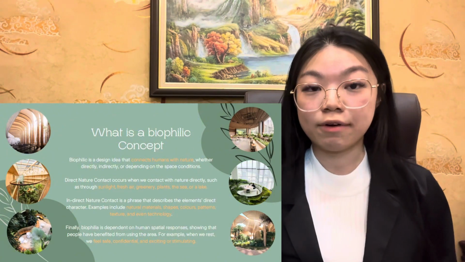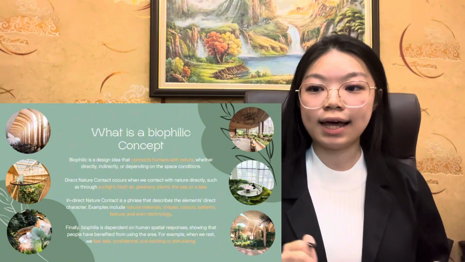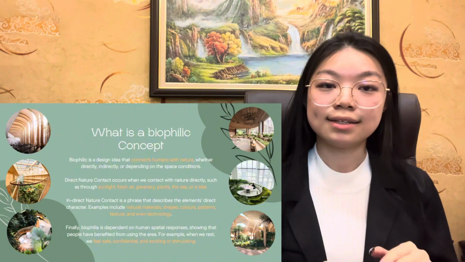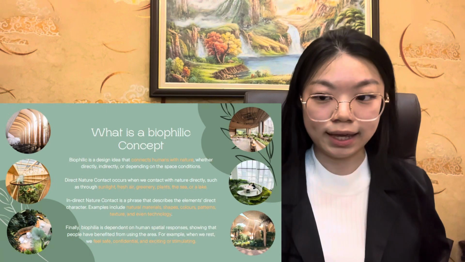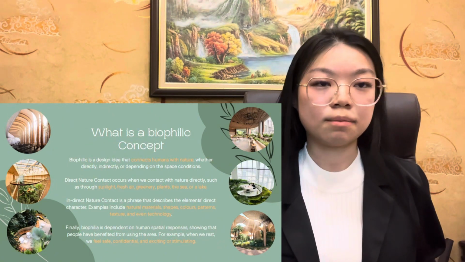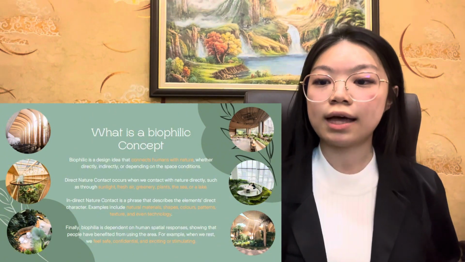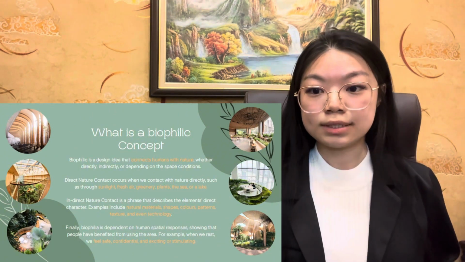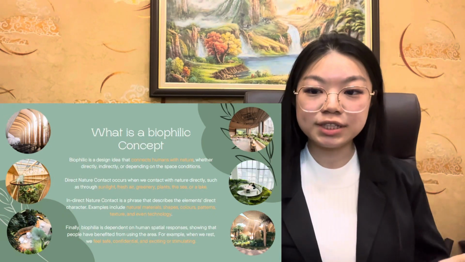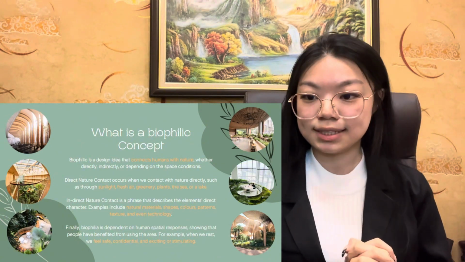Examples of the direct nature are the sunlight, the fresh air, the greenery, trees, the water like seas or lake. The indirect nature context is something like natural material, shapes, colors, patterns, texture, and even technologies.